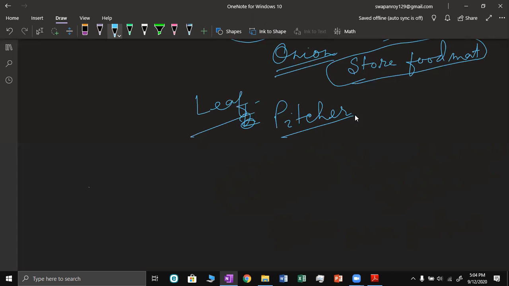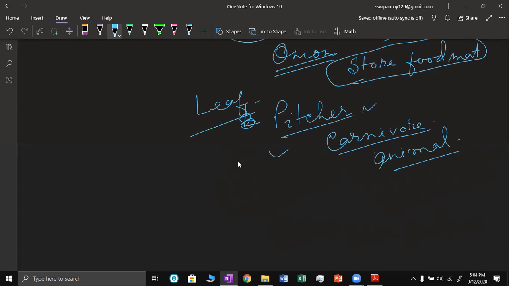These are a special type of plant and they are carnivorous, that is, they get their nutrition from animals.